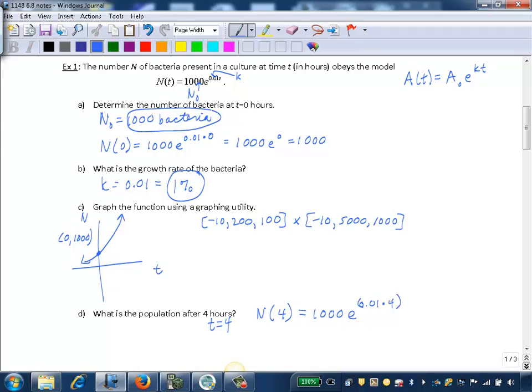So that product, the 0.01 times 4, will be the exponent. So if we enter that into our calculator, we're going to get approximately 1,041 bacteria. So after 4 hours, it will have gone from 1,000 to 1,041 bacteria.